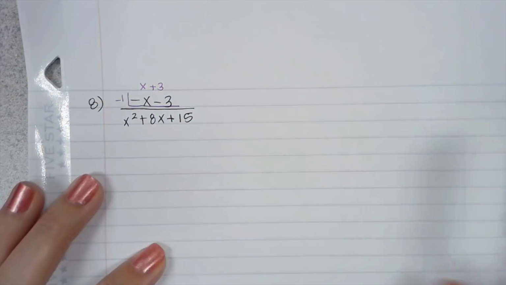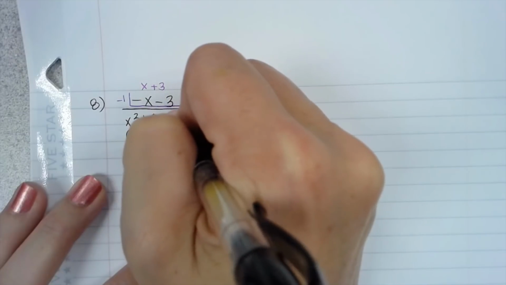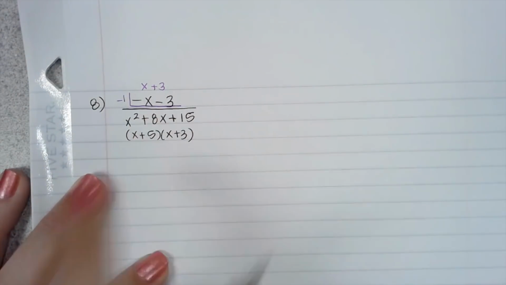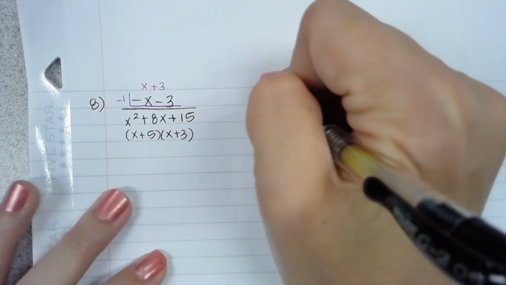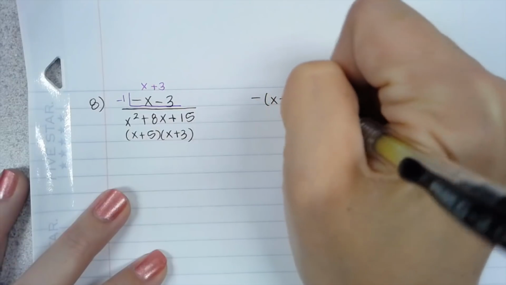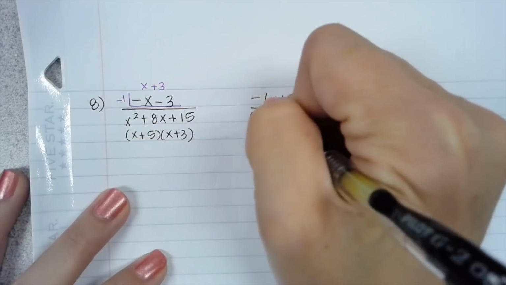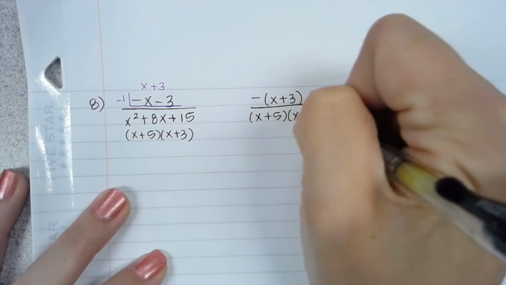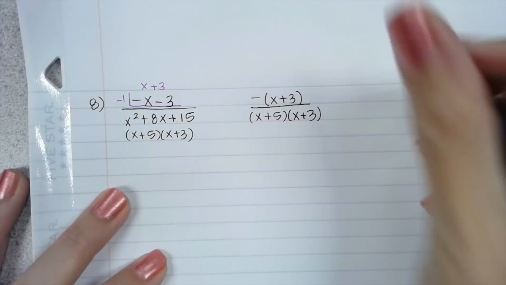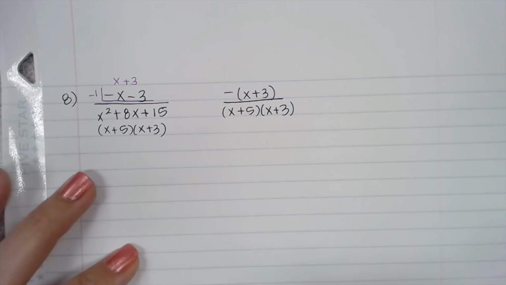And then the bottom needs to be t-charted, and when I t-chart the bottom, I get x plus 5 and x plus 3. So when I change the way that this one's written, my top turns into negative 1 times the quantity of x plus 3. And then for my bottom, I have x plus 5 and x plus 3. And when you're simplifying these, you're going to simplify the ones that can cross out together.